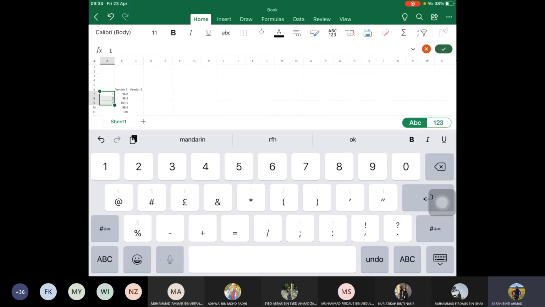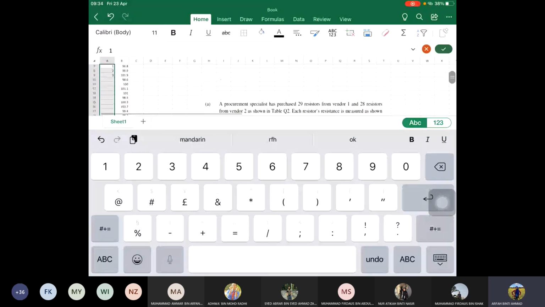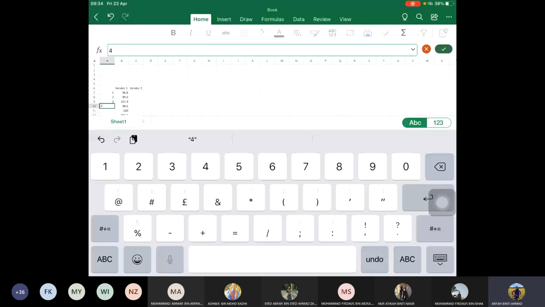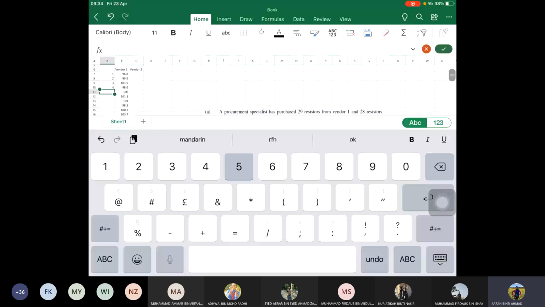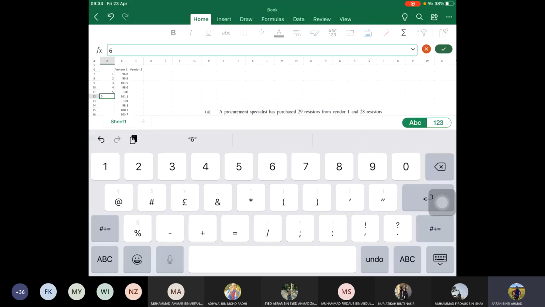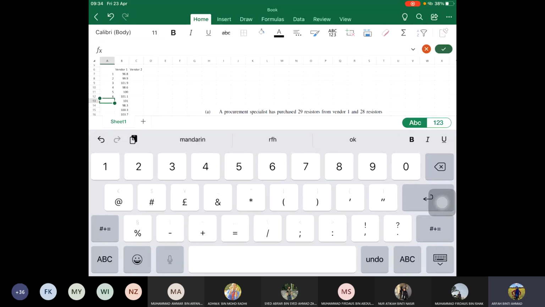I don't think so. Tak boleh. Dah siap kelas key in data?